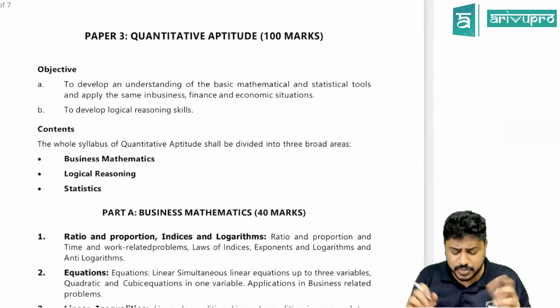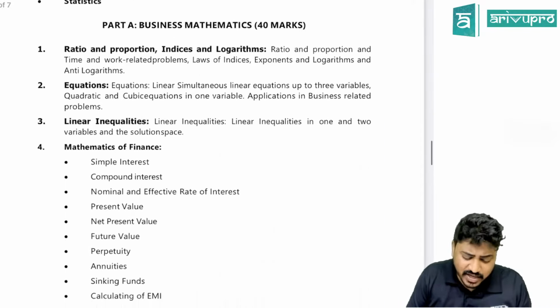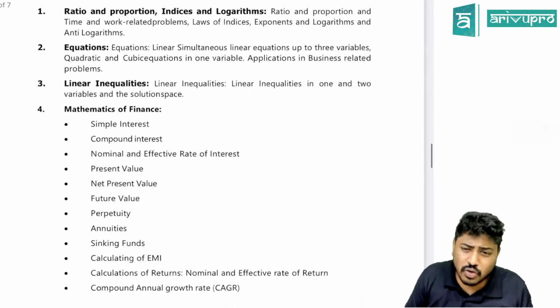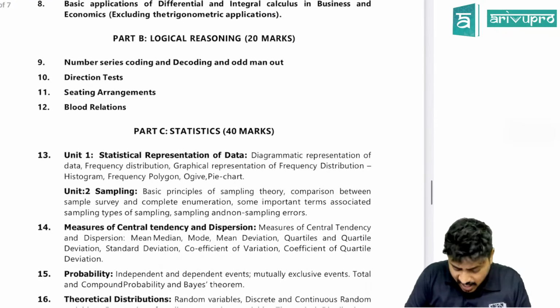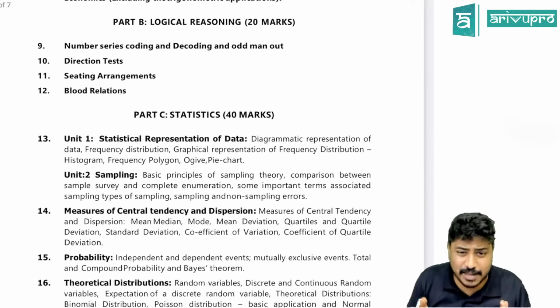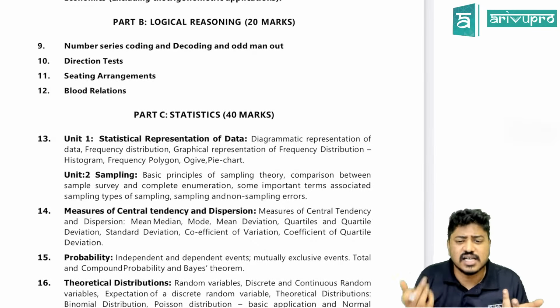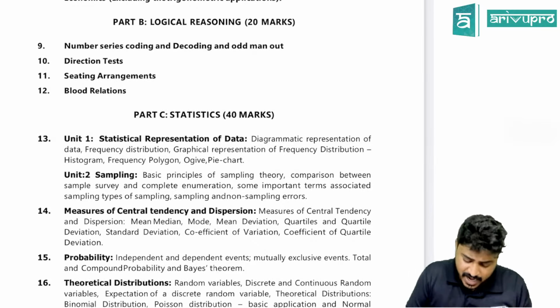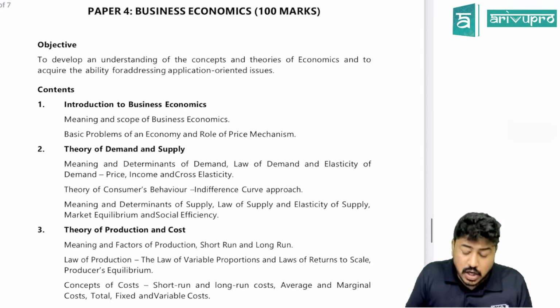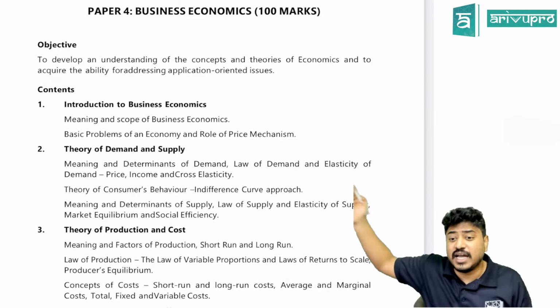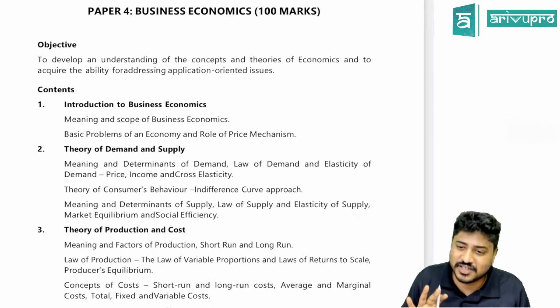Now, Quantitative Aptitude, almost 95% is same. Almost no changes. A few chapters have had deletions and additions. For example, sampling in statistics is something new. Otherwise it remains the same. Now, big changes in Economics. CA Inter, they have brought it to Foundation.